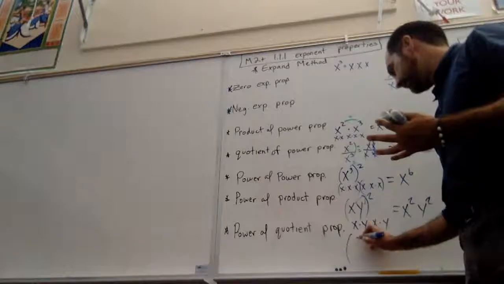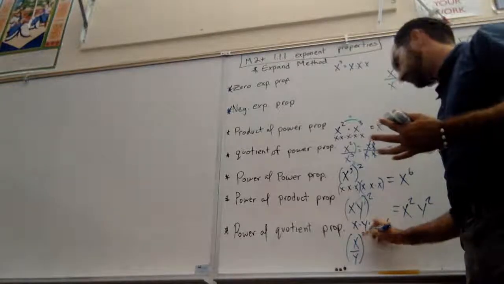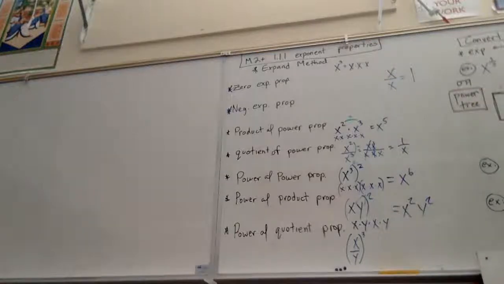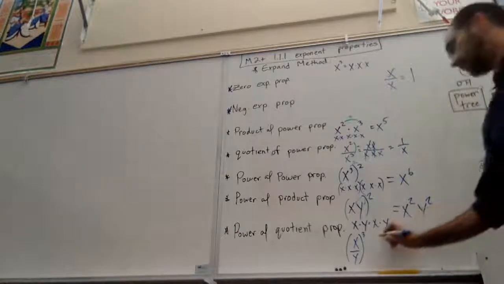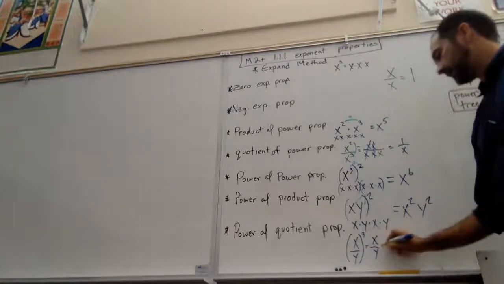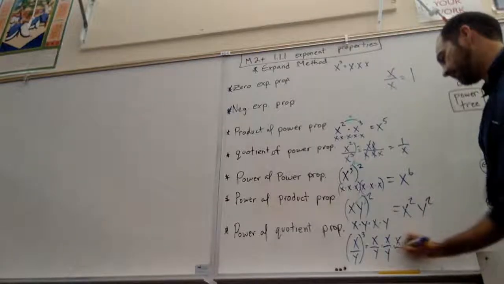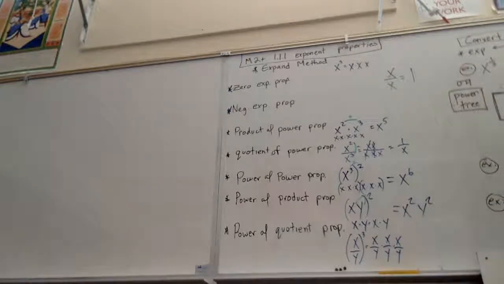Lastly is x over y. Let's do to the third power. X over y to the third. All right. We know that's xy times xy, right? The third power just tells me whatever is the base is just going to be multiplied by that same value that number of times.